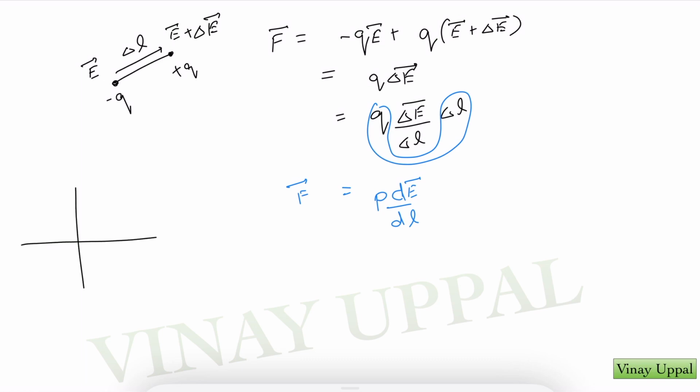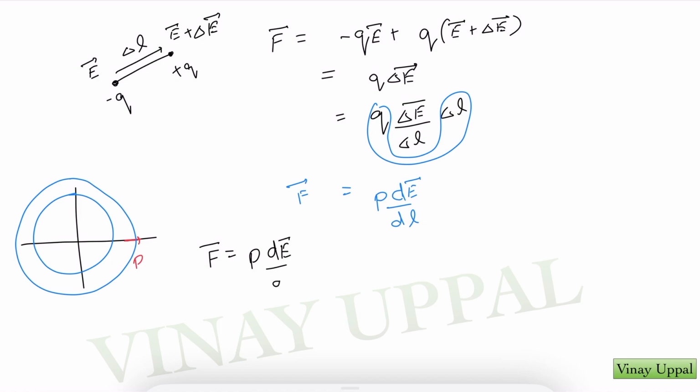I know that my dipole moment is on the x-axis and my electric field lines are in this manner. So dl is basically dx because the dipole moment is along the x-axis and we're going along the x-axis as we go from minus q to plus q. So my force would be p dE vector by dx for this dipole moment.